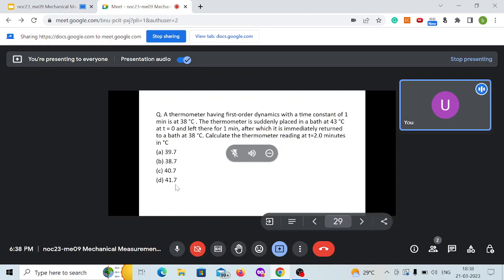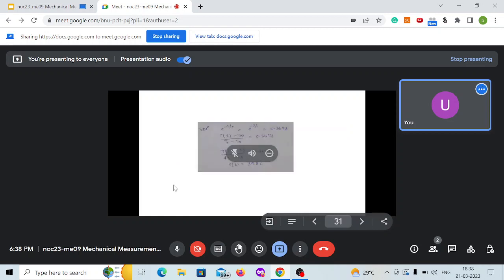So this is in two steps, you see. So the answer is 39.7. At e to the power minus 2, when the time constant is 1, it's 0.3678, and when you substitute the temperatures, you will get T as 39.8 degrees Celsius.